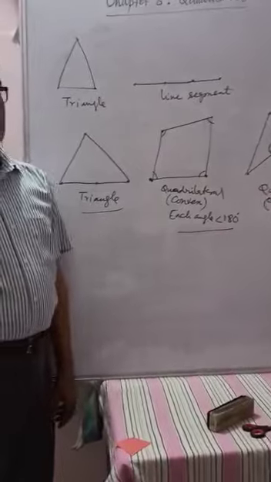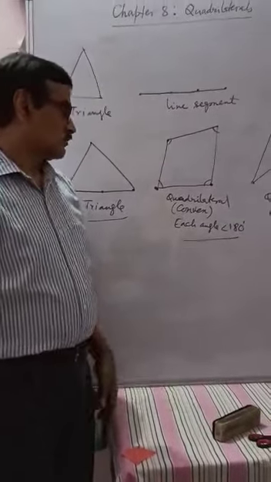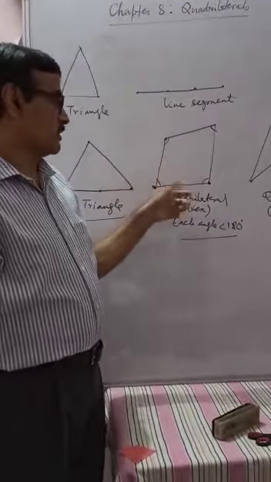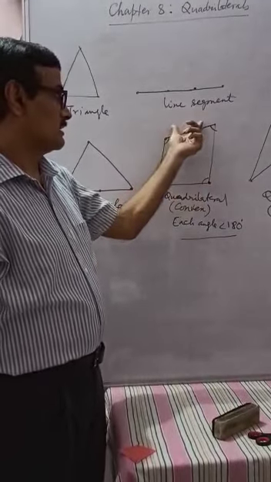So in a very simple way we can say a quadrilateral is a plane closed figure bounded by 4 line segments.